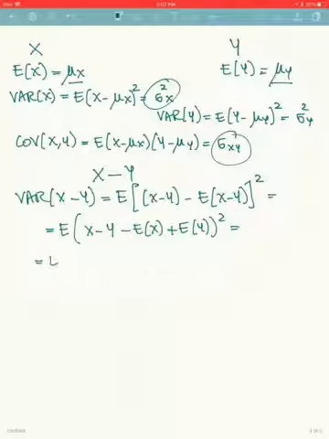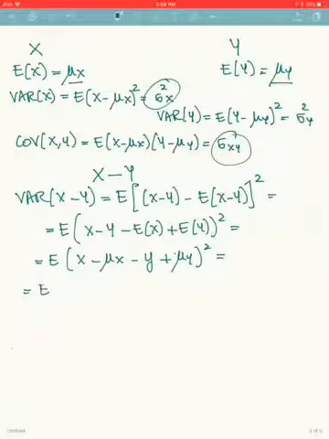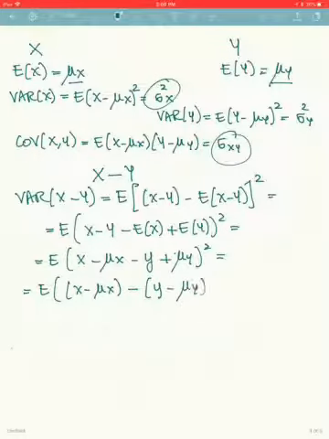Now I'm going to collect, so this is x minus mu of x minus y plus mu of y, squared. Now I'm going to collect in a way that makes sense, again in the form of x minus mu of x minus y minus mu of y, squared.